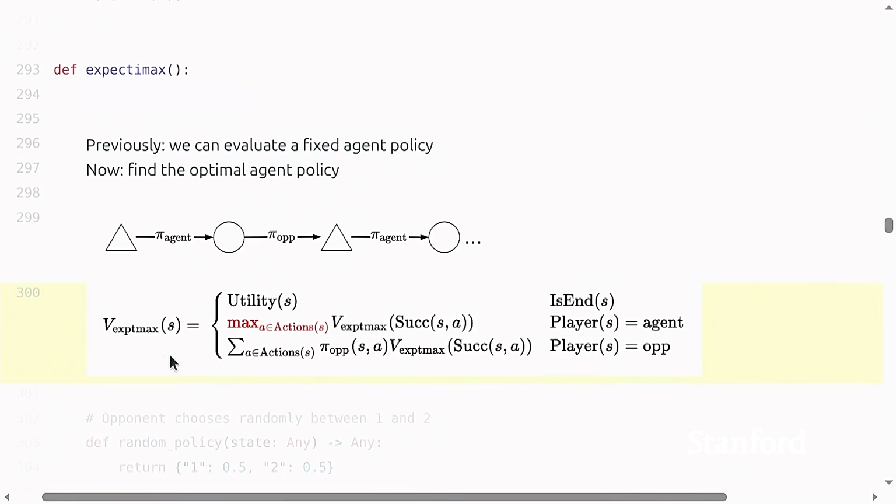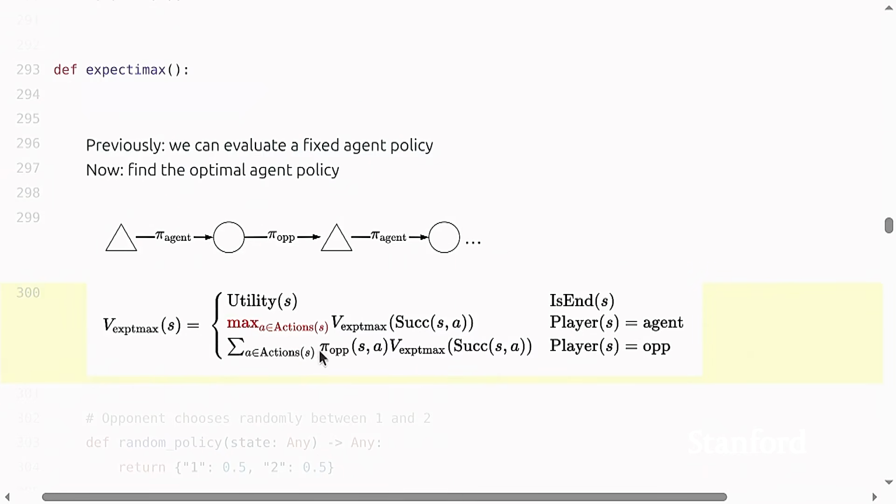So here, for the expectimax value of a state, I'm going to have a very similar recurrence, and the only thing that's changed is the part that's in red. Just to go through everything: if I'm at an end state, then I'm just going to return the utility. This is the base case. If it's the opponent's turn, then this is the same thing as before.